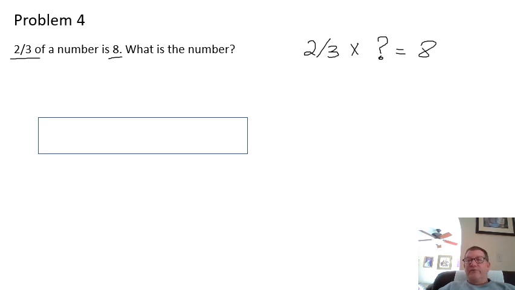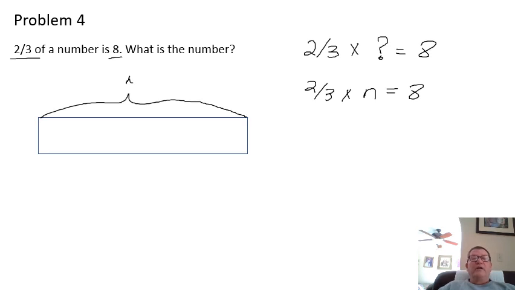Hey, how about if we use a variable like we've done before? How about 2/3 times, and I'm just going to put n for my number, equals 8. Now, I don't know what this total right here is. This is n, but I do know that this says 2/3 of a number is 8.